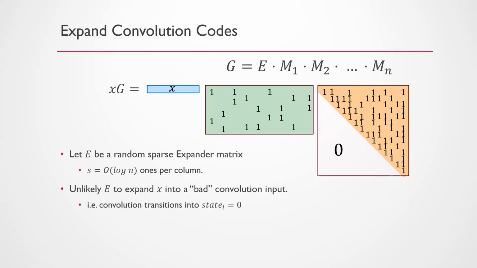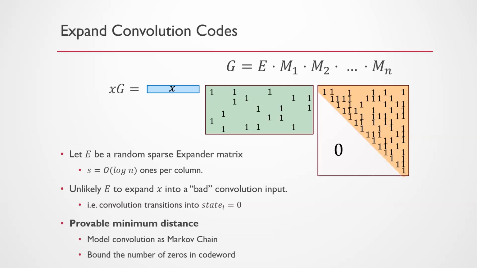And if we combine this with our intuition about when the convolution fails us, well, the convolution fails us when you're able to exactly control the input so that the convolution transitions to the 0 state quite often. By combining these two things, you get these two matrices to work against each other. One expands, you lose some control, and then the convolution is able to take advantage of this. In this way, we show that it's very unlikely that the convolution will output only a few number of ones.